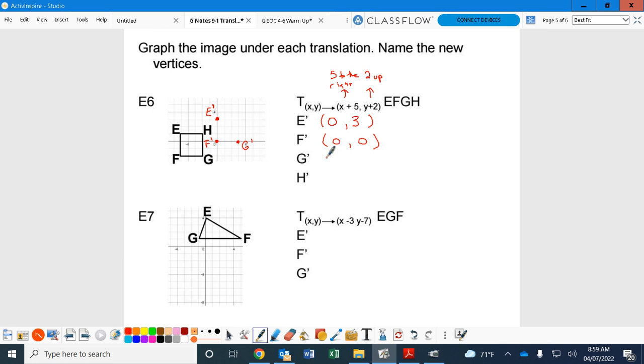So my first number is 3, but I don't go up or down, which means my second number is going to be 0. Good. And then our last one is going to be to take H and go over 1, 2, 3, 4, 5 and go up 1, 2. There's my H prime. What is it? 3, 3. Perfect. There you go.